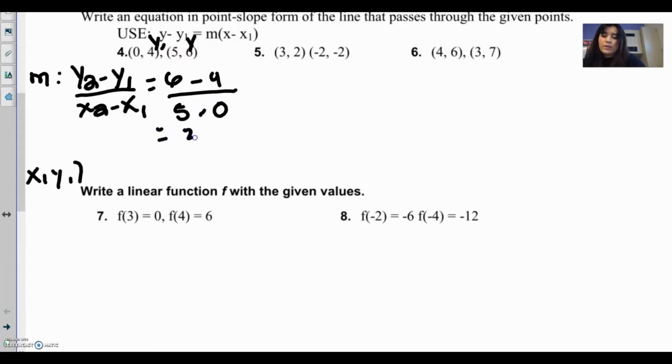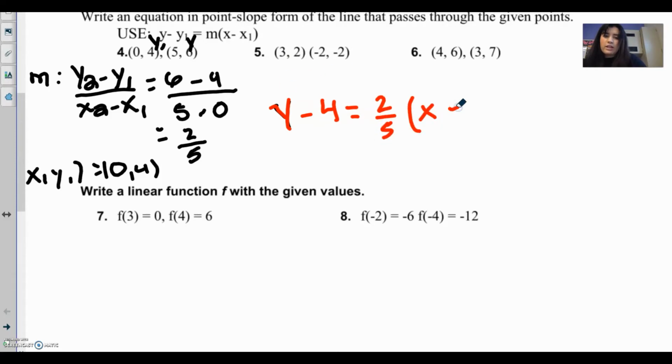6 minus 4 gives us 2. 5 minus 0 gives us 5. Our slope is 2/5. Okay, so from here we gotta find our x1, y1, so we're just gonna pick a point. I'm gonna pick 0, 4. So now we're plugging that in. We're going to do y minus y1, which I chose to be 4, equals m, which is 2/5, times x minus x1, which is 0.